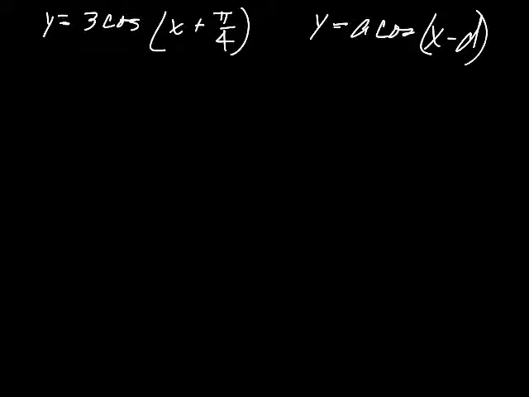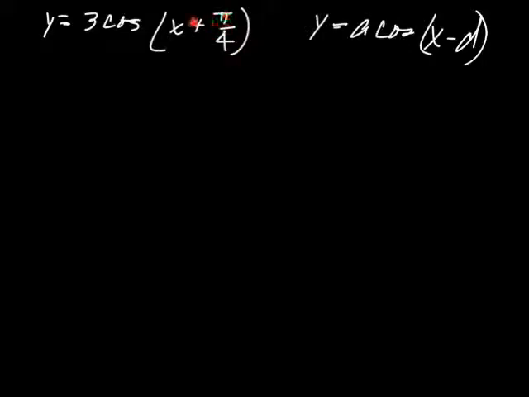Our sign right here is going to be negative, because over here it says x plus, so that means it had to have been x minus a negative number in order for it to turn to a plus. So because it's a negative number, we're going to shift over to the left.